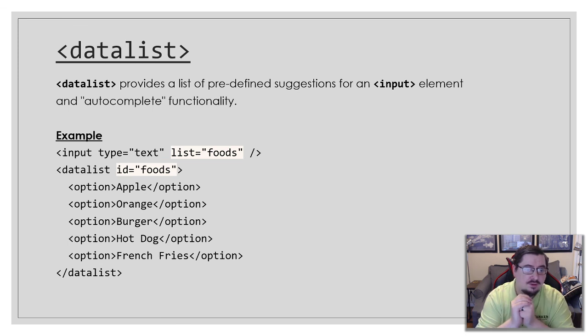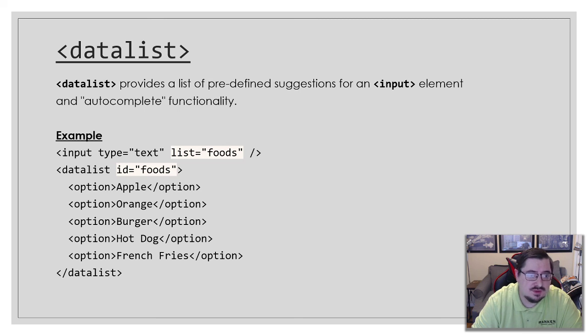Now, that may be useful for some cases as far as giving the user some suggestions. If you have some way to know what the values should be to go into that field, that can be helpful. But a lot of times we don't necessarily know what those suggestions are ahead of time.